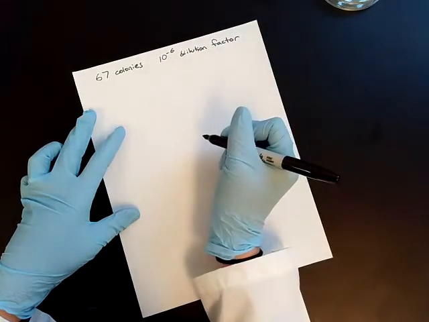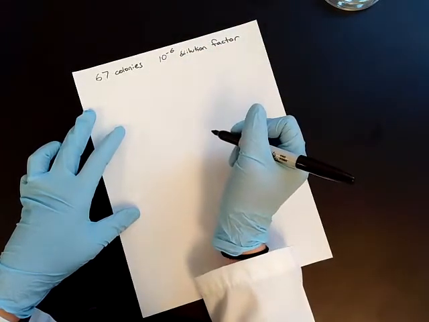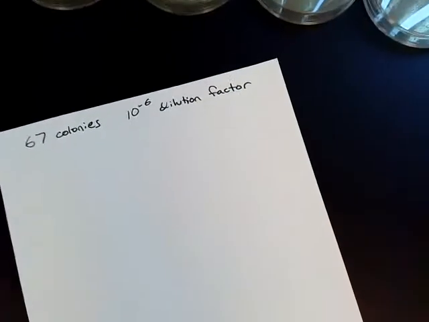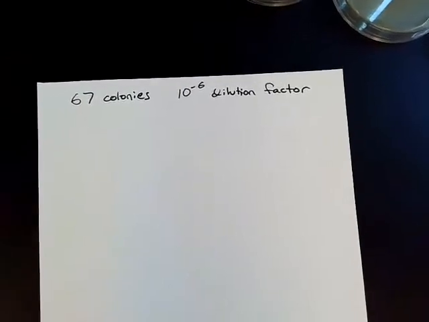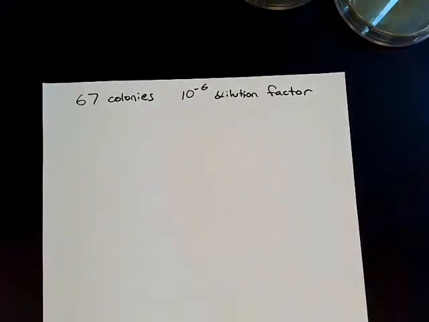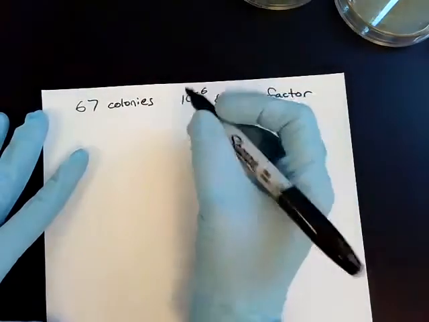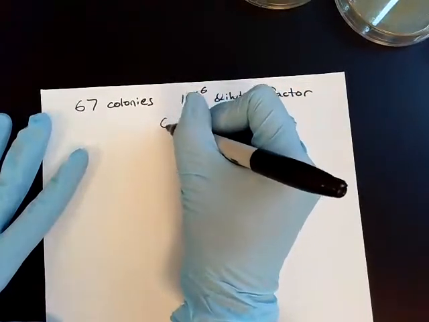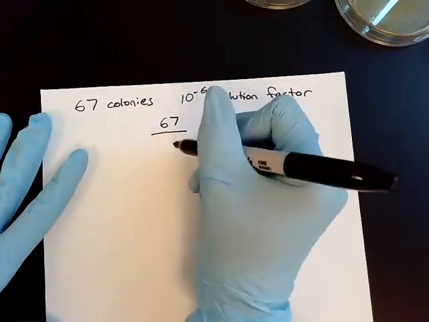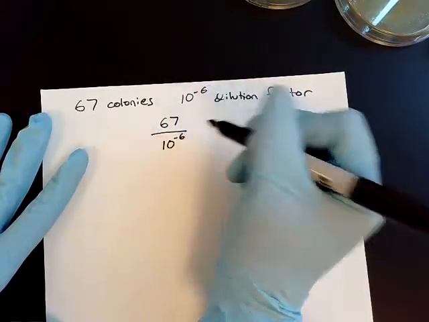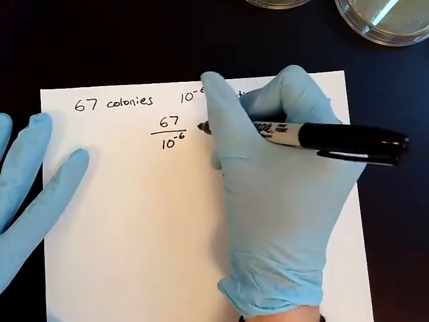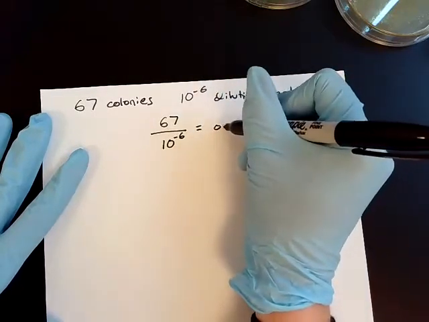So we had a 10 to the negative 6 dilution factor. So in order to solve this, we would do 67 divided by 10 to the negative 6 in order to get our original cell density.